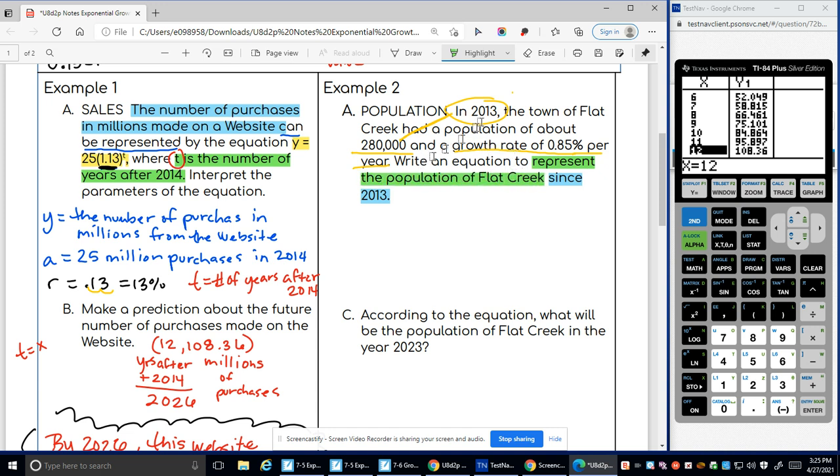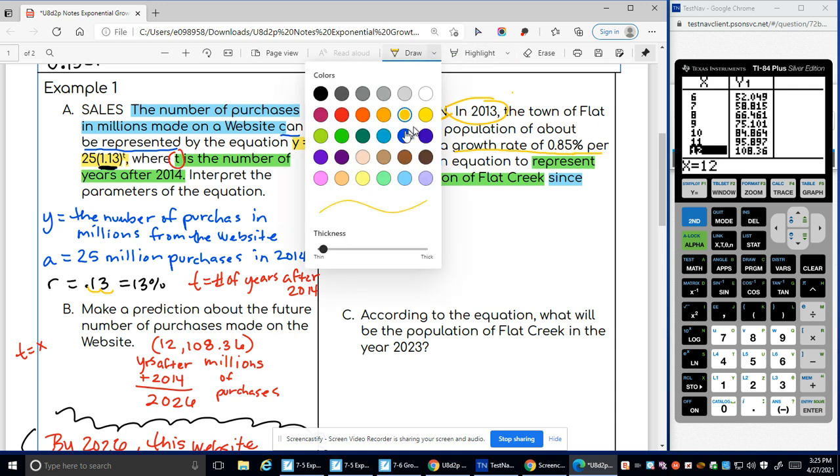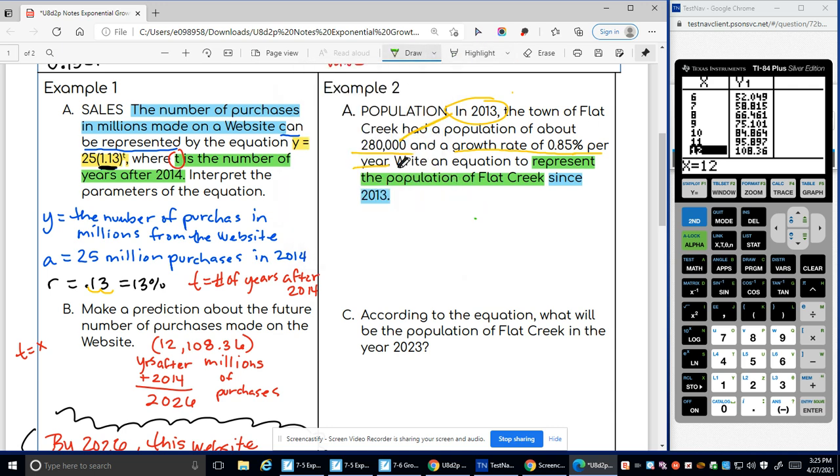So this phrase, to write an equation that represents, is basically telling you what y is. So let's write all this stuff down. I'm saying, okay, y is probably going to be the population of Flat Creek, right? That's a total amount, the pop of Flat Creek.